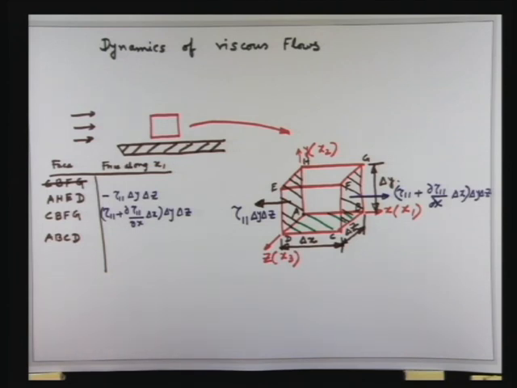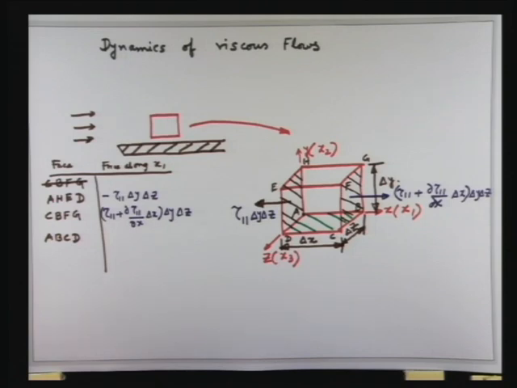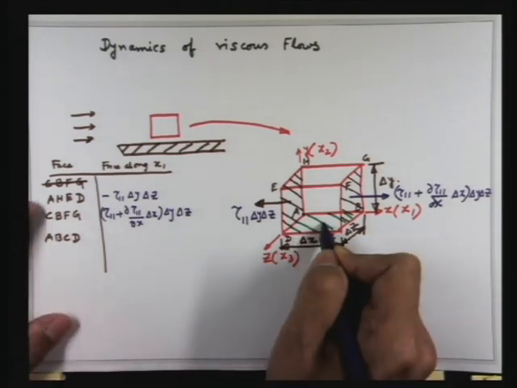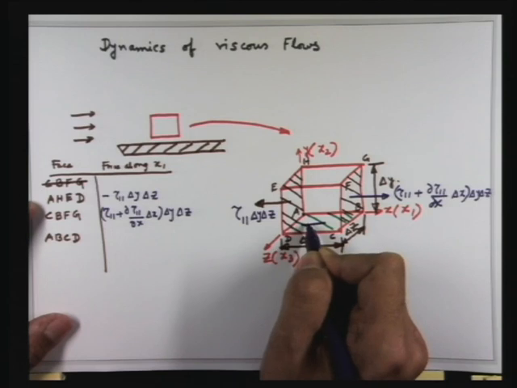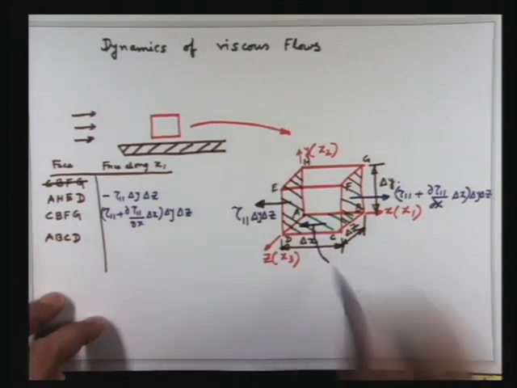Now what is the direction normal of this face? Direction normal of this face is minus x2, right? Therefore the positive component of this tau ij will take place along the negative j. So what is the name of this?